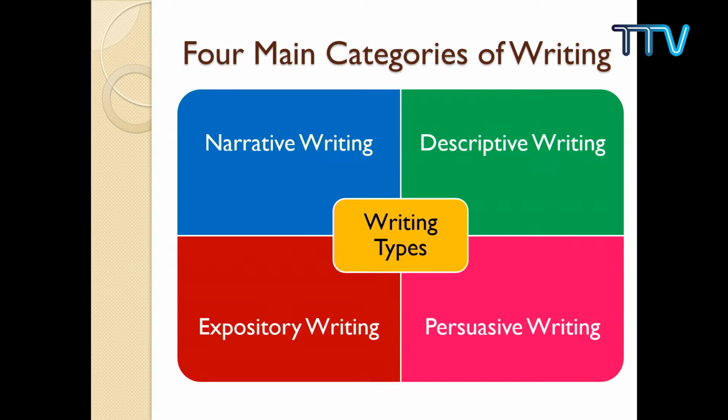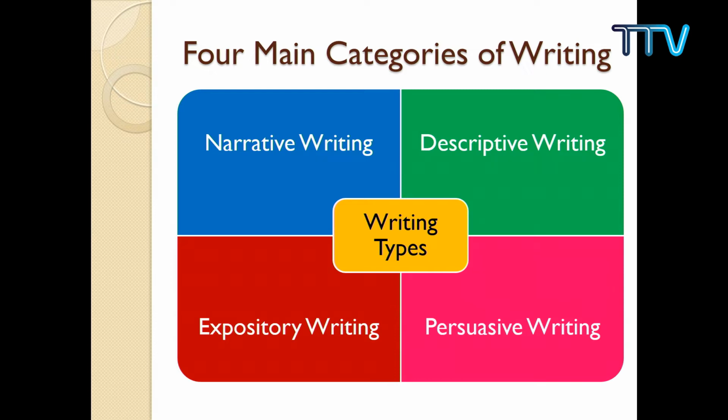Basically we have four main categories of writing, and these are narrative writing, descriptive writing, expository writing, and persuasive writing. If you look carefully, these are the main categories, and under each category you can have other types of writing.